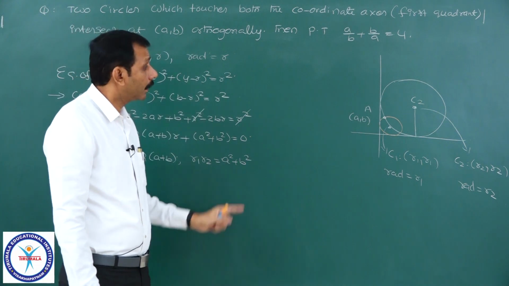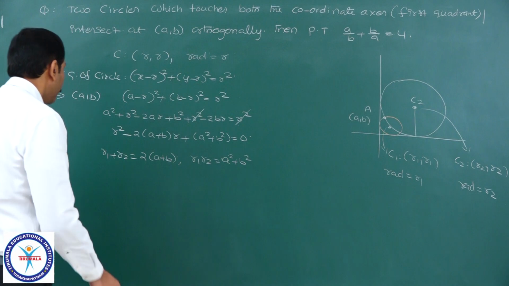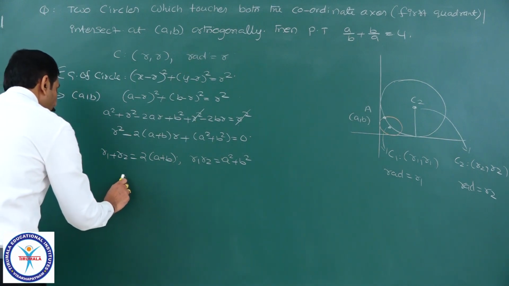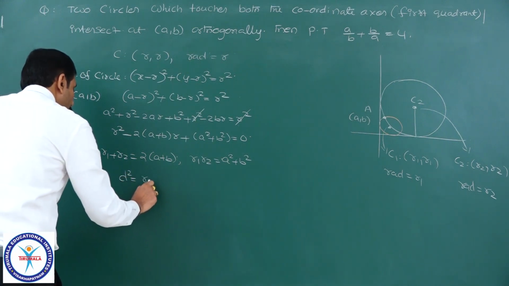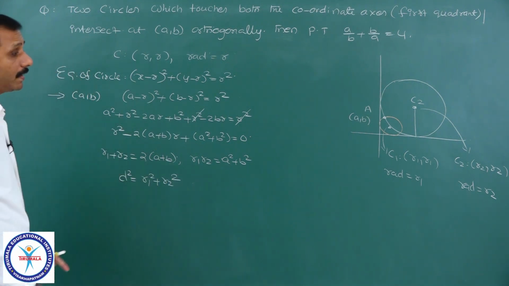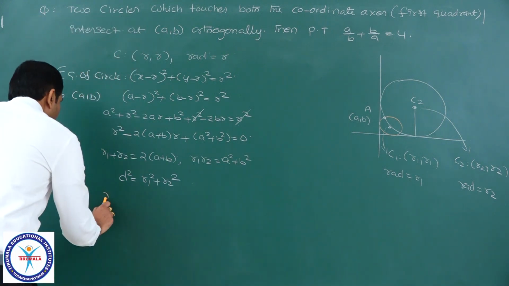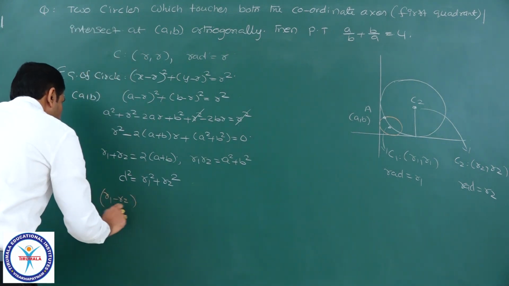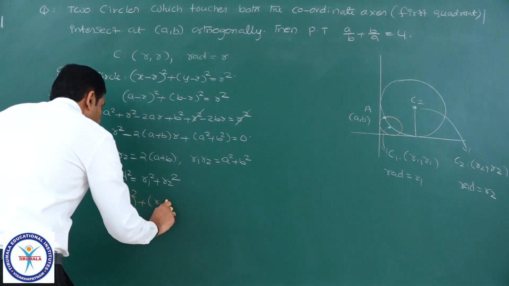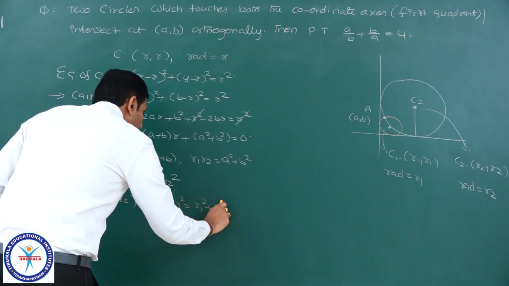Orthogonality. Given that these two circles intersect each other at 90 degrees, we know d² = r1² + r2². What is the distance between the centers? It is (r1 − r2)² + (r1 − r2)² = r1² + r2².